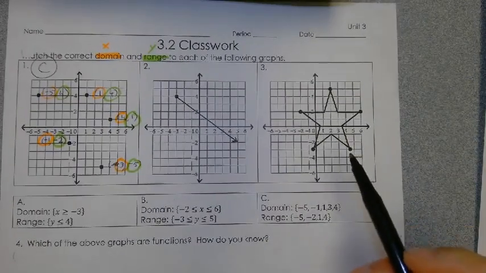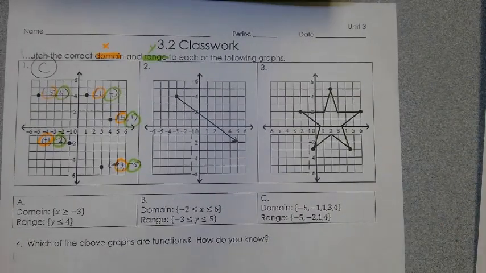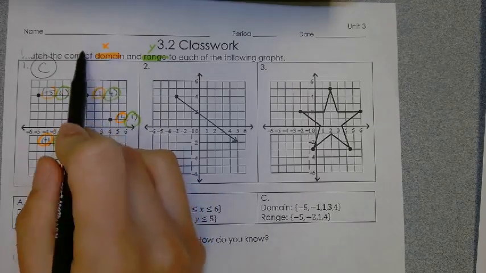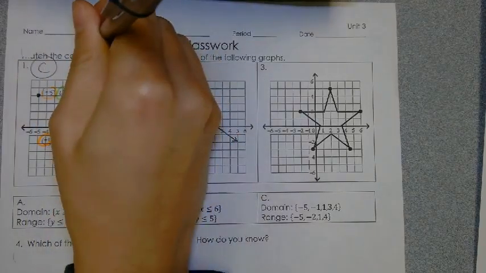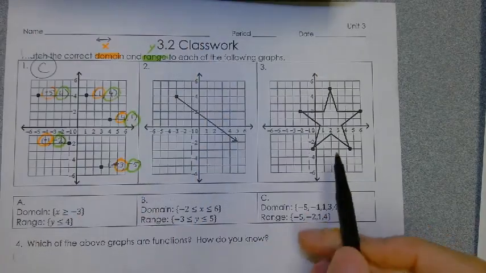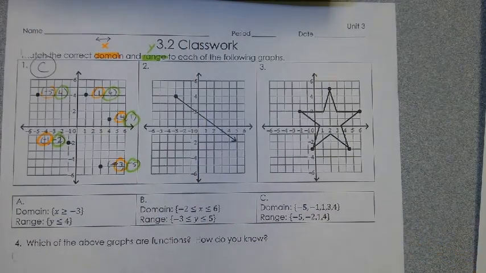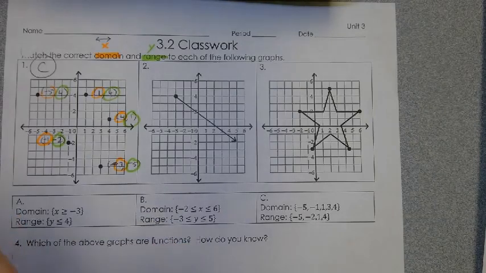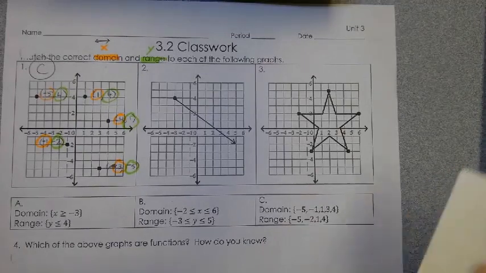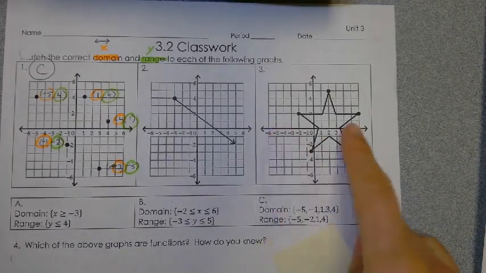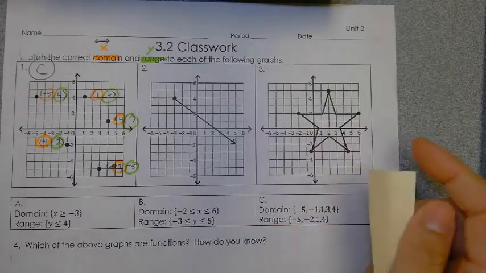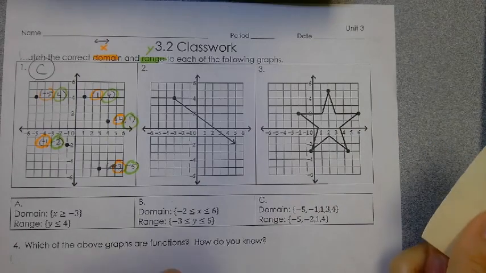Let's start with the domain. Remember, the domain represents the x values, or the horizontal spread of our graph. I'm going to use 2 post-it notes to help determine the horizontal spread or domain of this graph.